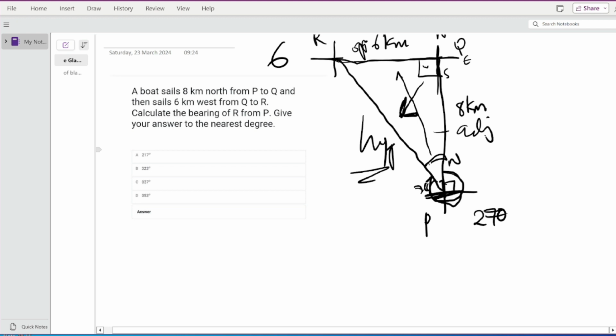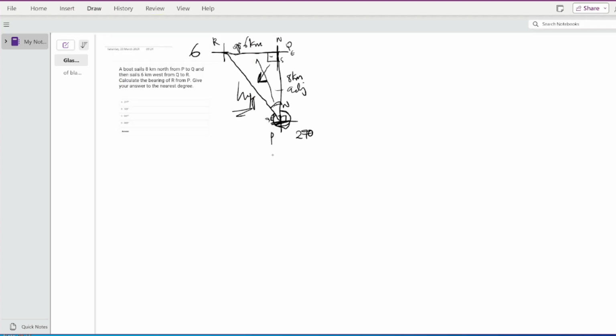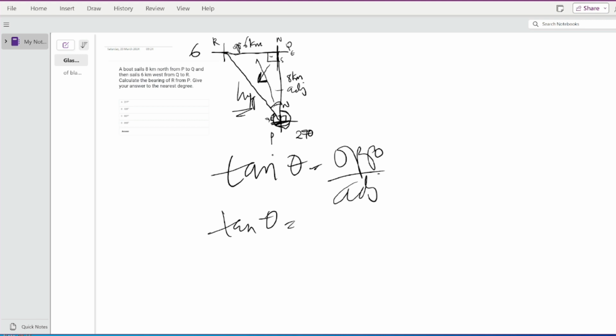The one that has both the opposite and the adjacent is tan theta. We have tan theta is equal to opposite over adjacent, so tan theta is 6 over 8.